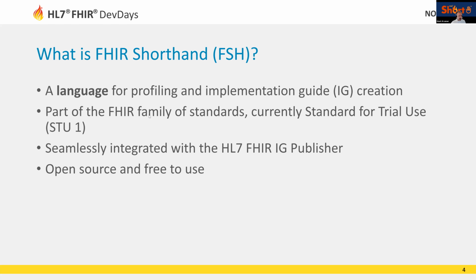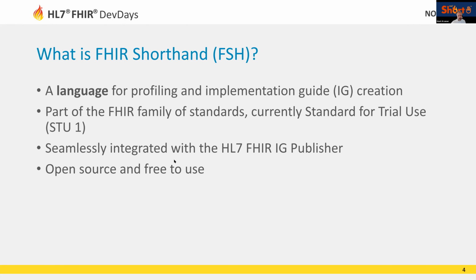It's a standard for trial use, and one of the FHIR standards at the same level as FHIR mapping language, and some of those ancillary tools are also part of the FHIR family of standards. It's also integrated with the publication process.